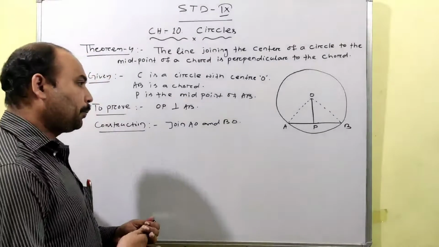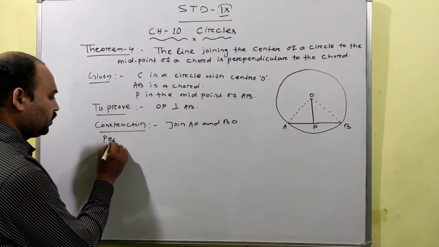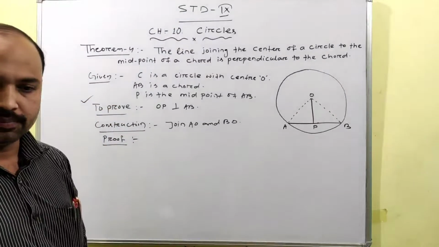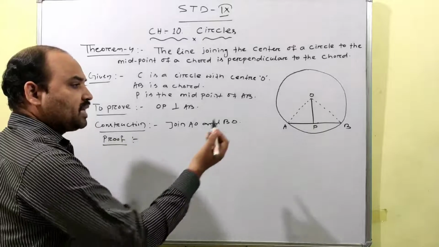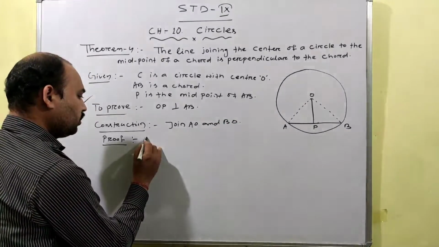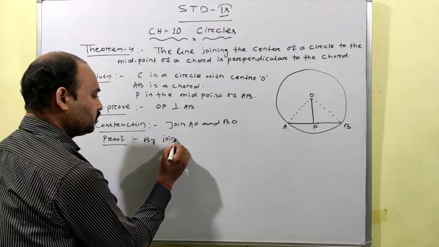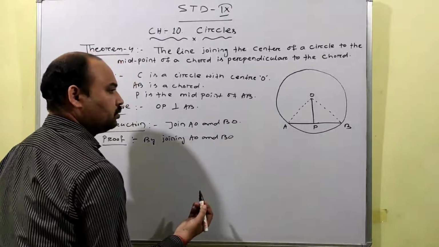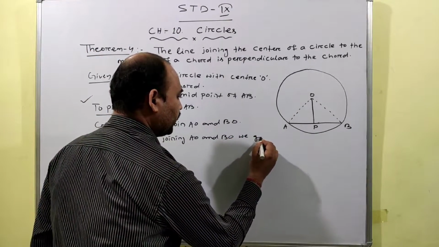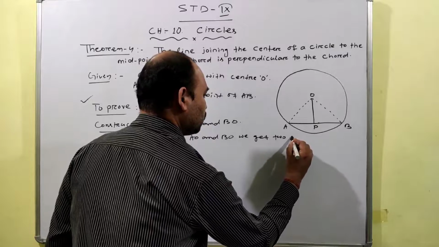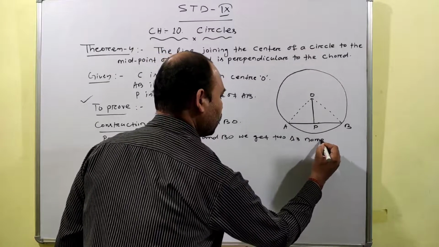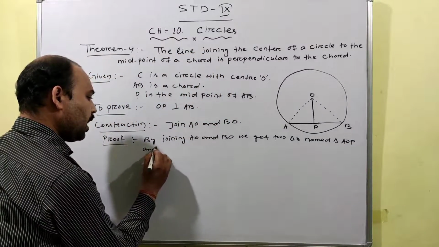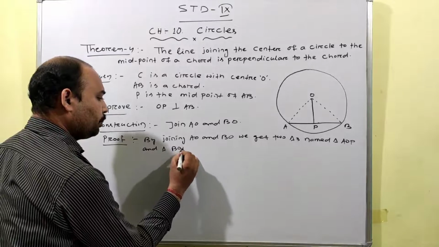Now we will do the proof part. Proof. Here it is written, to prove. Now we have to prove it. So by joining AO and BO, we get two triangles named triangle AOP and triangle BOP.